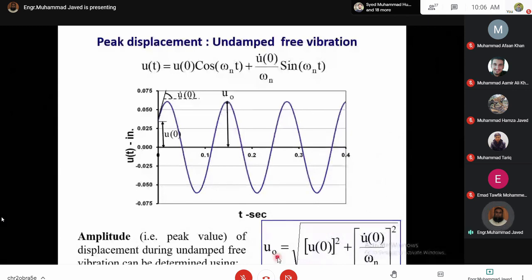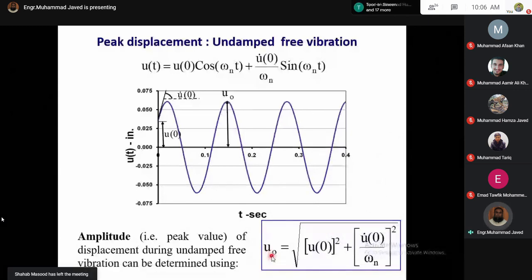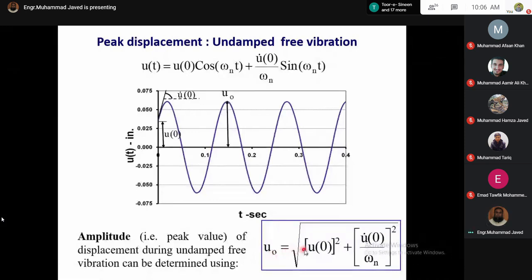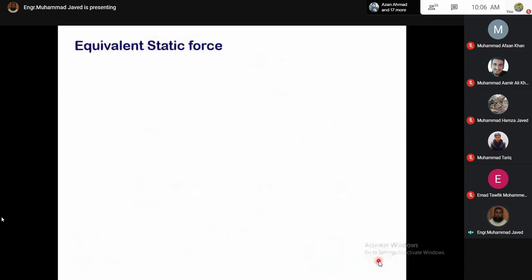And this u naught is the peak amplitude of dynamic displacement in an undamped system subjected to free vibration, and this is u of 0 square plus u dot of 0 divided by omega n square. U of 0 is the displacement at the start of free vibration, u dot of 0 is the velocity at the start of free vibration, and omega n is the natural frequency of the system.